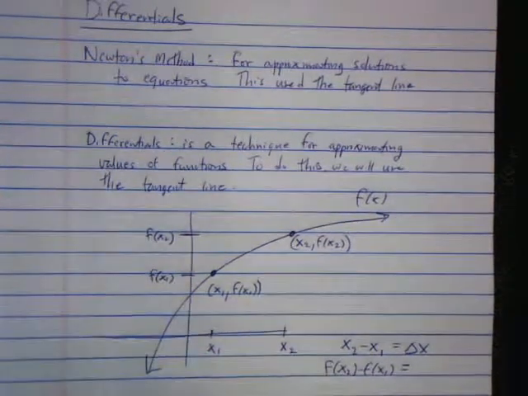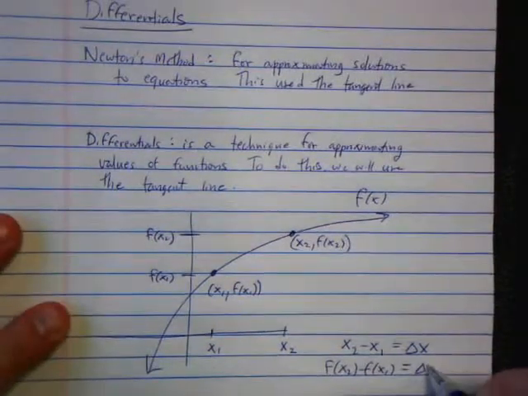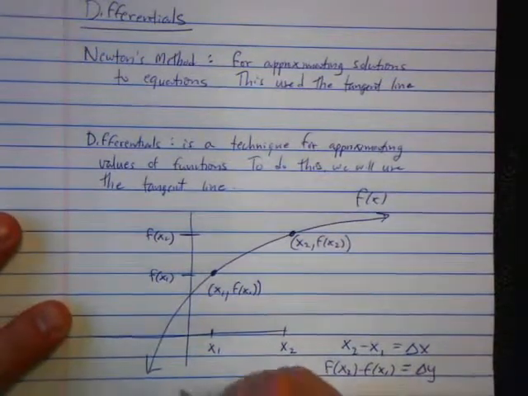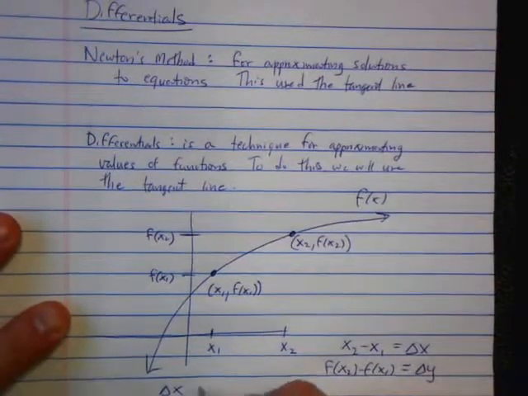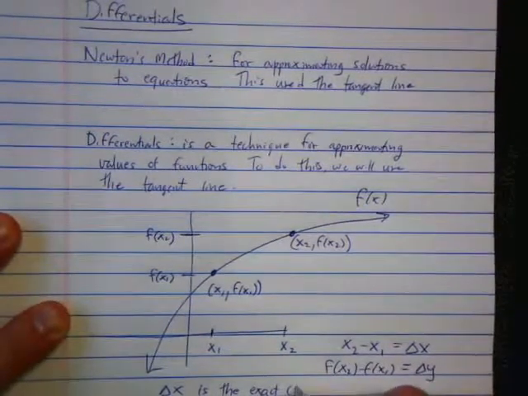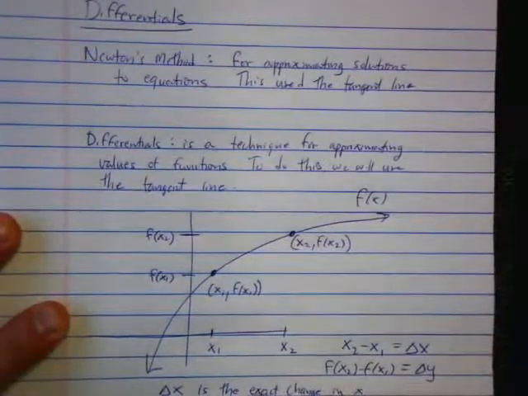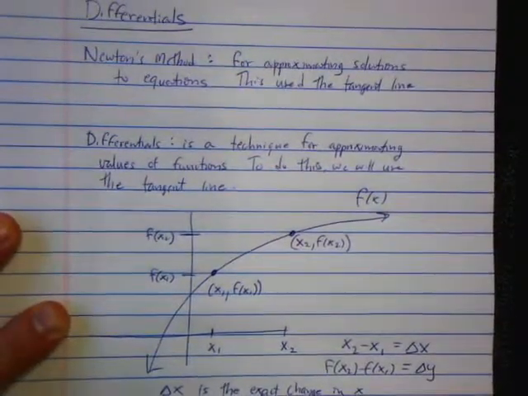What should we call that? Delta y. That's the change in the y value, isn't it? So, in words, delta x is the exact change in x, and delta y is the exact change in y.